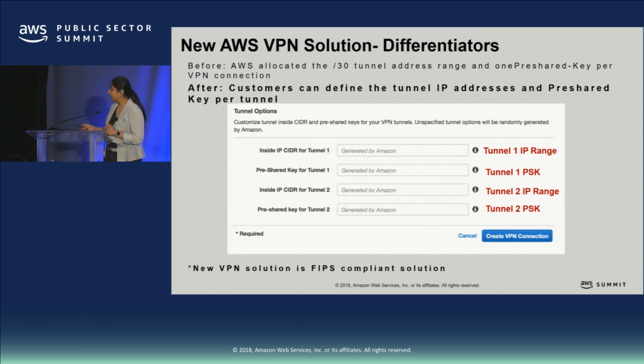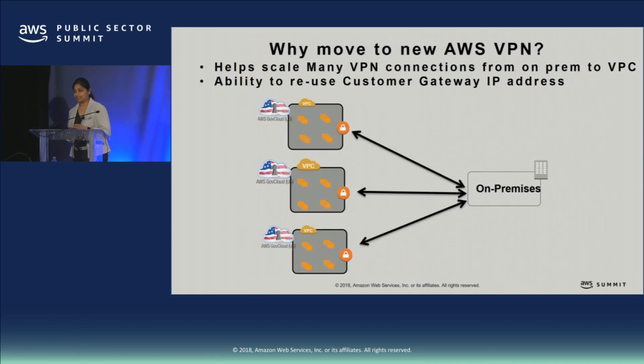So you must be wondering, how would this benefit your architecture? The new VPN solution provides customers a higher scalability and flexibility within their AWS VPN environment. And how it does that is, if customers want to spin up multiple VPN connections from their on-premises environment to the customer VPC environment, with the classic VPN connectivity, what used to happen is they used to receive an address clash every nth tunnel.